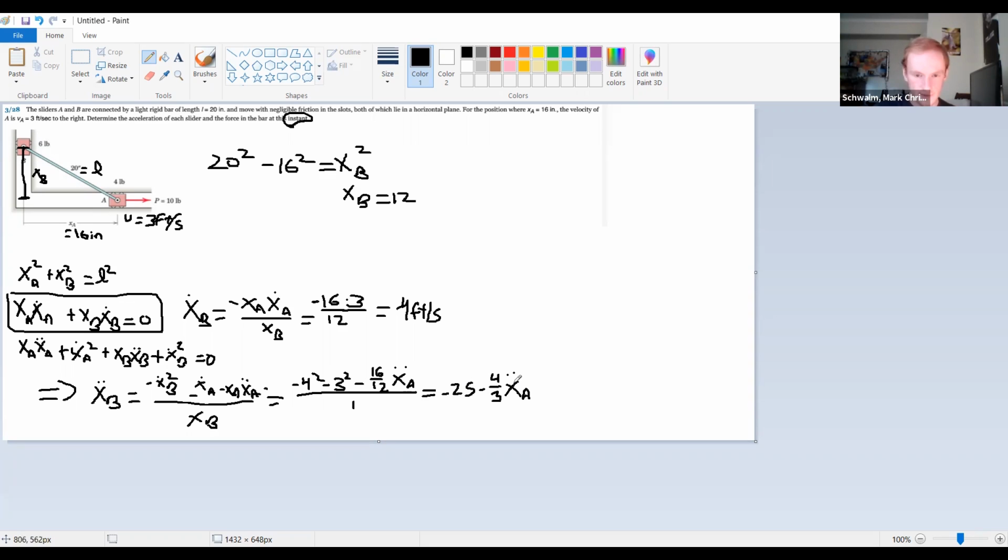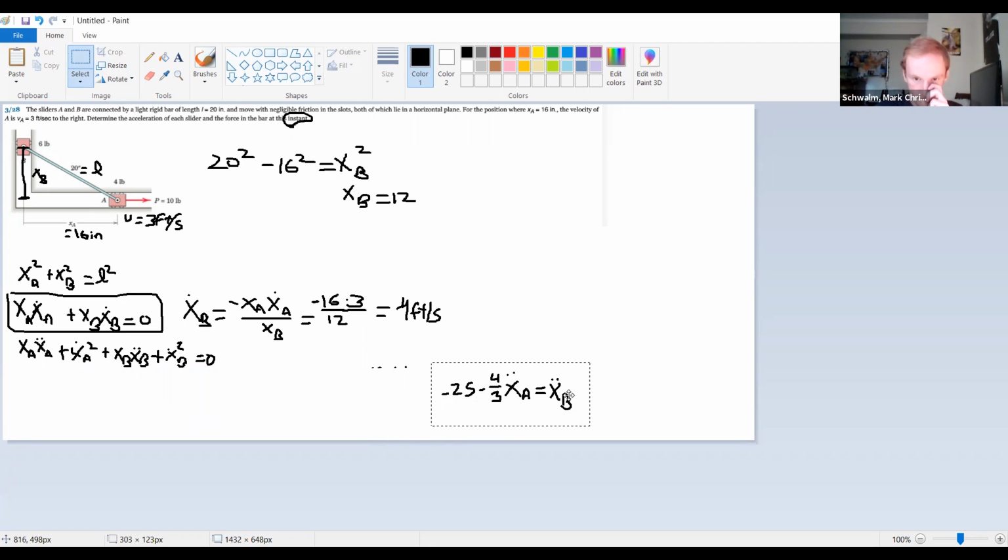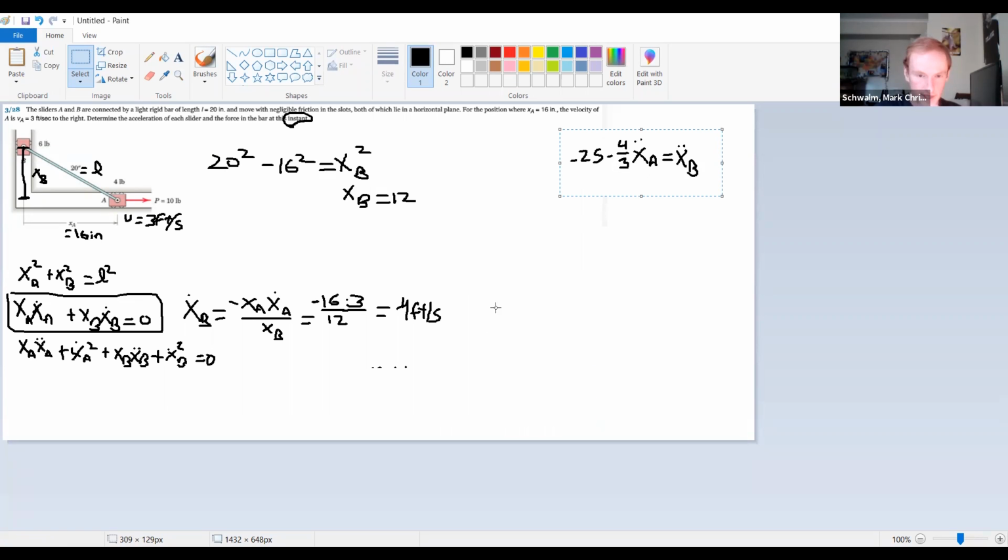All right. So we have this little relationship. I can write that. That is equal to x double dot b. All right. So we're going to save this. Get rid of all this little untidy work here. It's tidy. It's fine. Save this. Throw it up here.